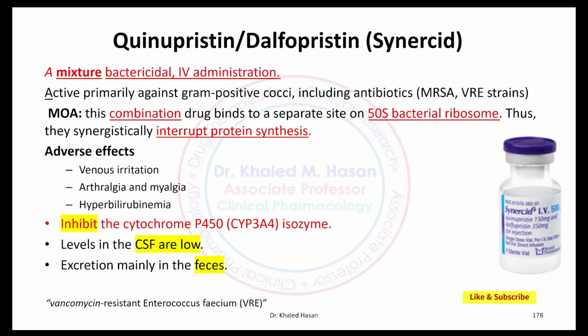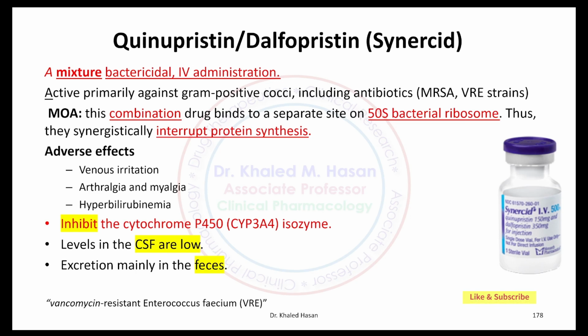Okay, the last antibiotic on the list here, and one of the most common in clinical practice, we have quinupristin-dalfopristin, with the brand name Synercid. This is a mixture of bactericidal agents, a combination prescribed IV.